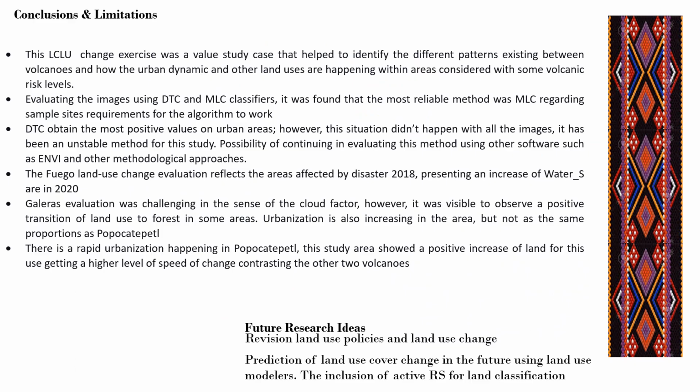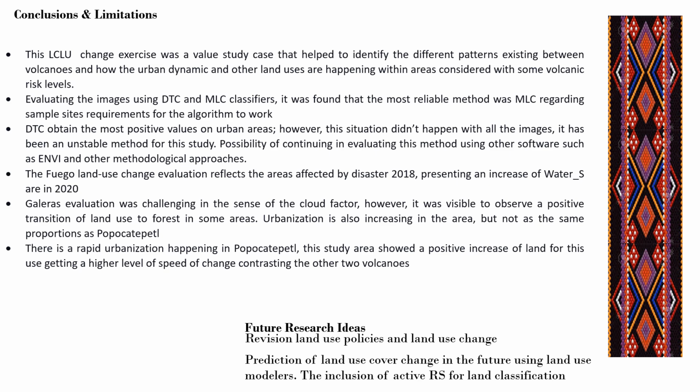Regarding conclusions and limitations, it's possible to say that this was a positive exercise to see the patterns existing between each land use cover, and the transition and the land classification for the area. However, we are still working on finding more precise methods to evaluate urban land uses for land classification, or other methods that are available for earth observation. Between the DTC and MLC classifiers, MLC was working better.